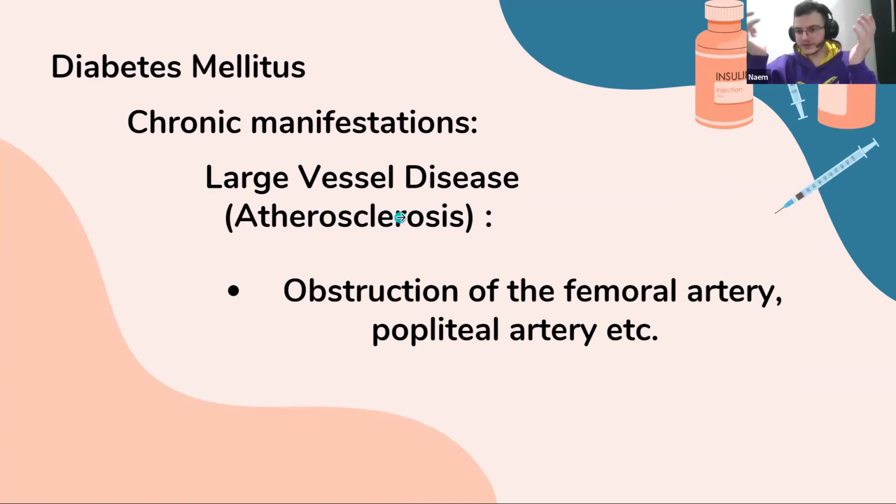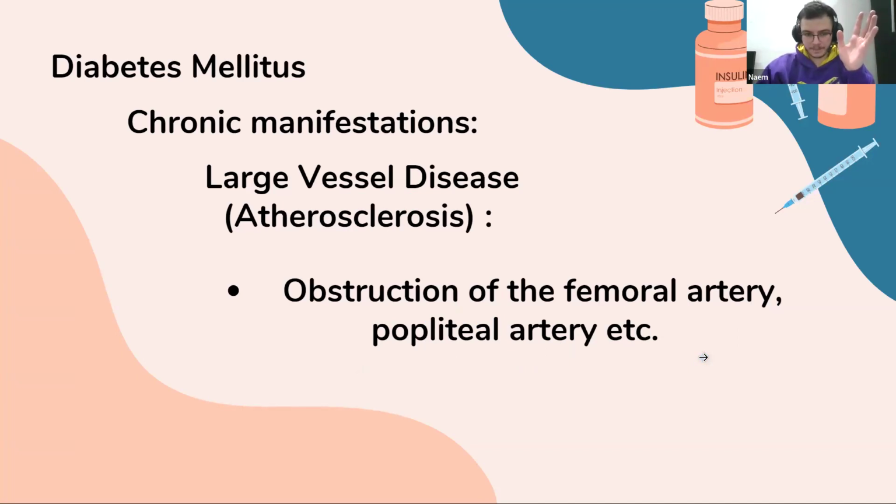You have large vessels in the body, like the femoral artery and the popliteal artery, and glucose binding to those proteins can lead to atherosclerosis, which is basically thickening of the basement membrane, or thickening of the artery, making the vessel more rigid. So it's not stretchy or flexible anymore, which leads to obstructions and thrombosis forming, and could lead to obstruction in the femoral artery, popliteal artery, etc.